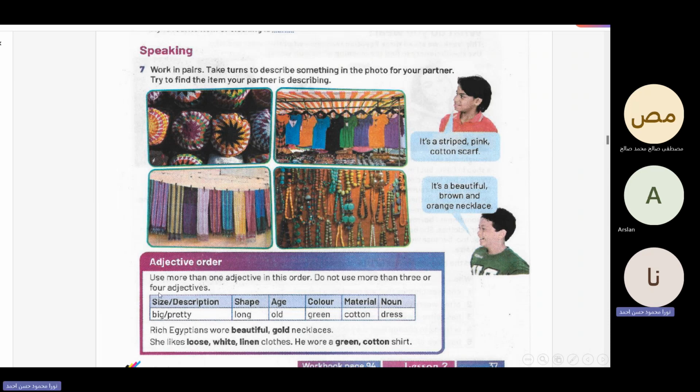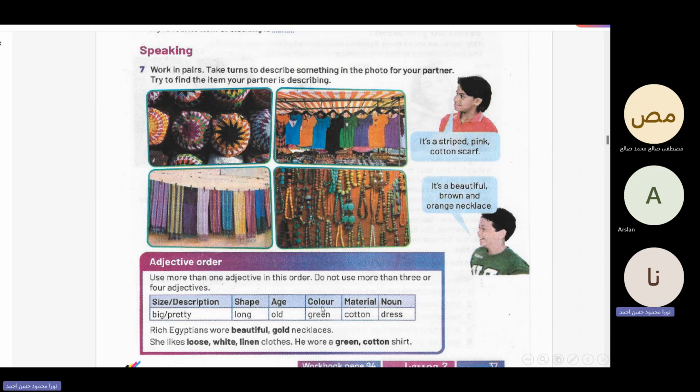If we have an adjective that describes the size, like big, small, or description like pretty, ugly, it comes first. Okay, then second, shape adjectives, long, short, spotted, striped. And then we have age adjectives like old, new.